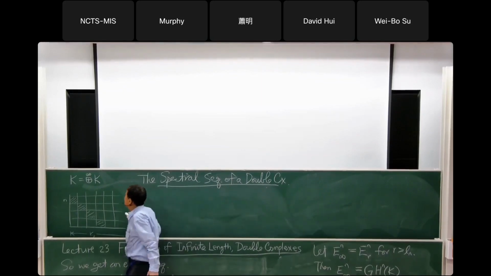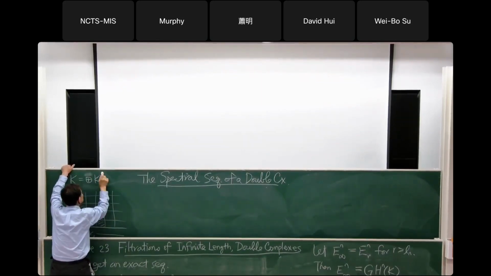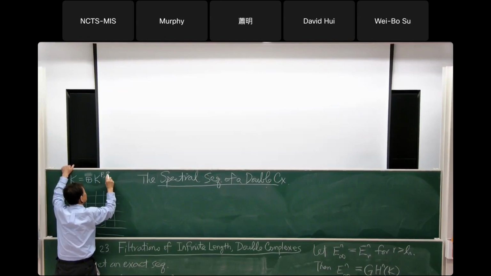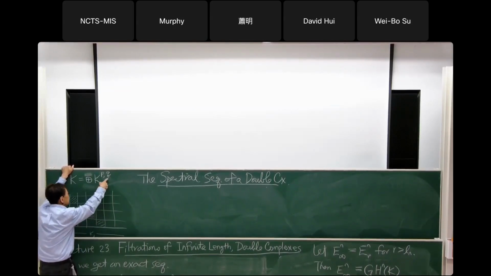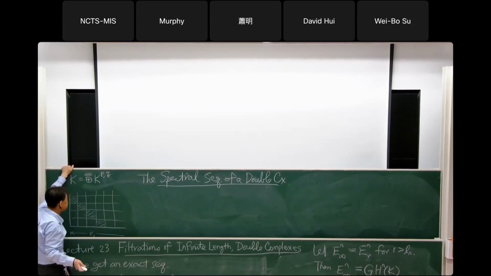Okay, so now we have a double complex with 2 degrees and 2 differentials. K is the direct sum of K^(p,q), and we're going to assume that it's a first quadrant double complex.